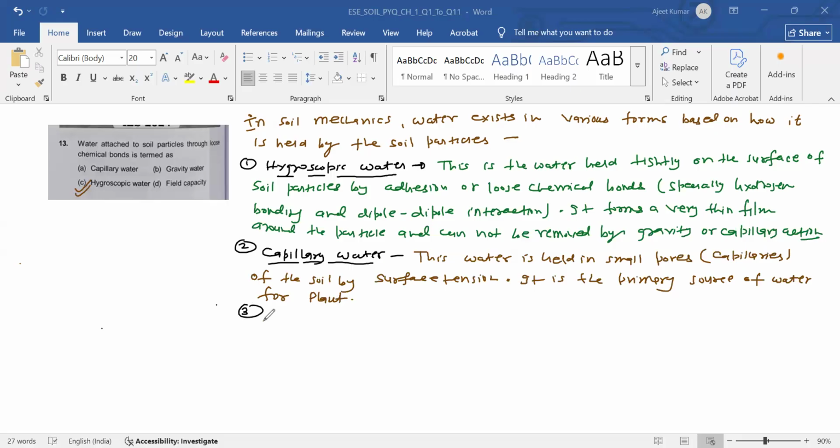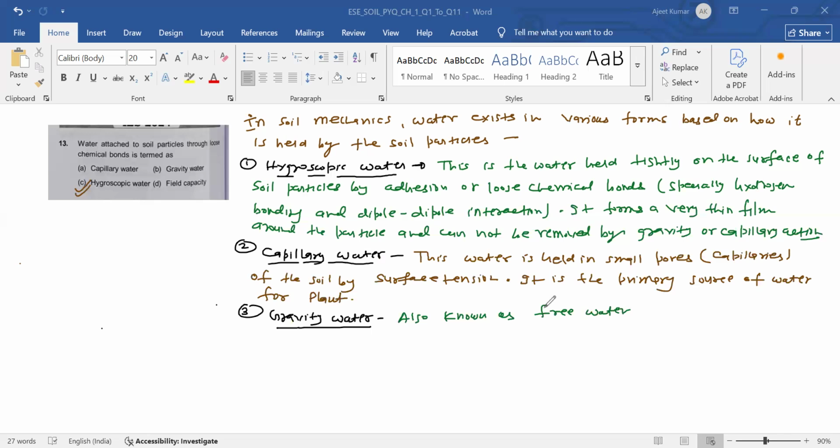Now third is gravity water. Gravity water, also known as free water.